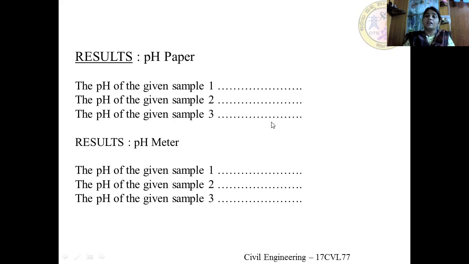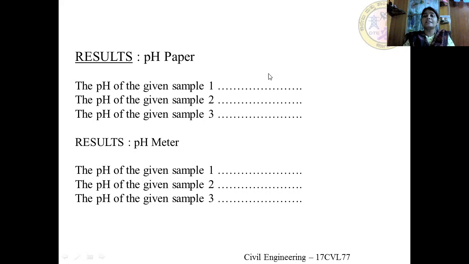And then we finally conclude with the BIS limits, that is Bureau of Indian Standards, the permissible limit, which is given as 6.5 to 8.5. If it lies within that permissible limit, then we say it is fit for domestic use. In case it is acidic or basic in nature, we say it is unfit and cannot be used. To have perfectly neutral water, pH 7, is very difficult, so we cannot maintain a pH of 7.